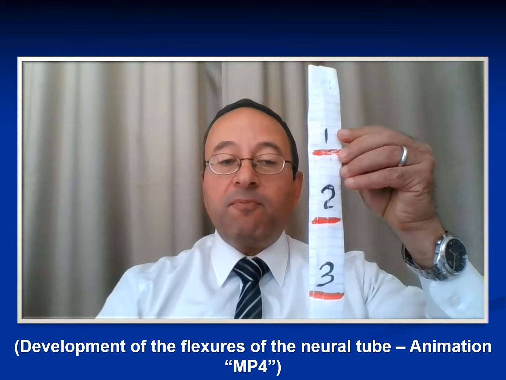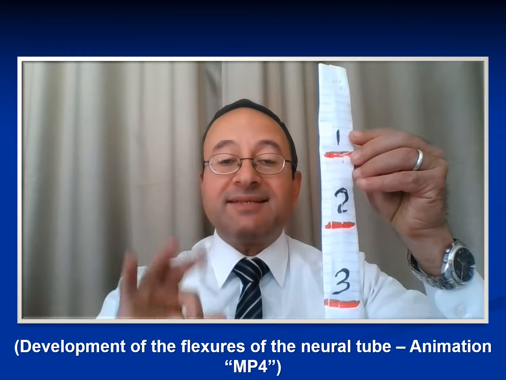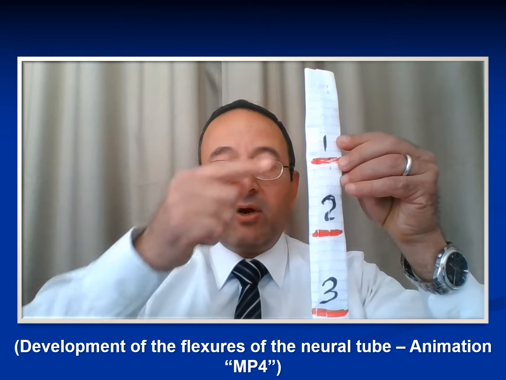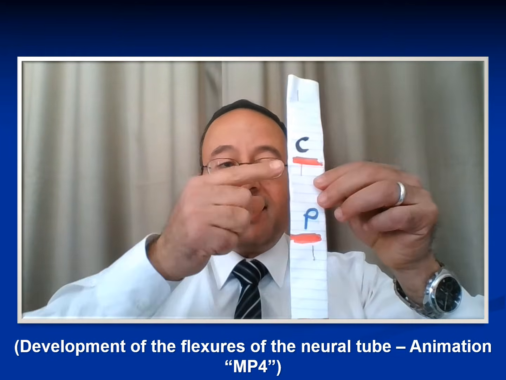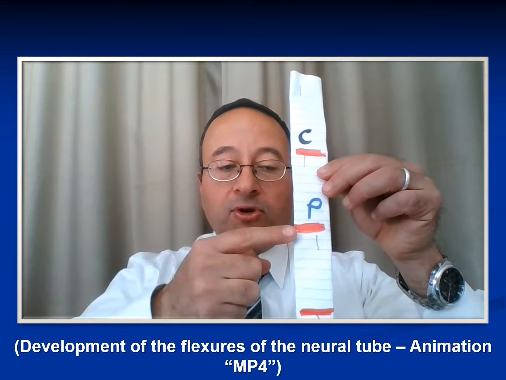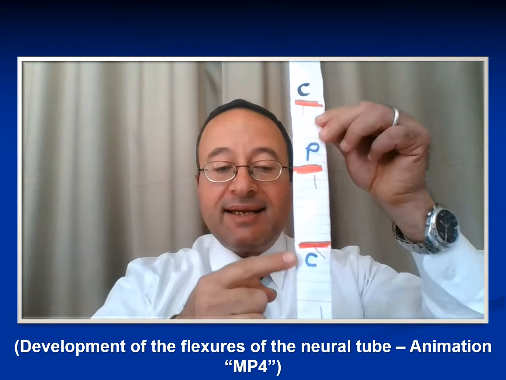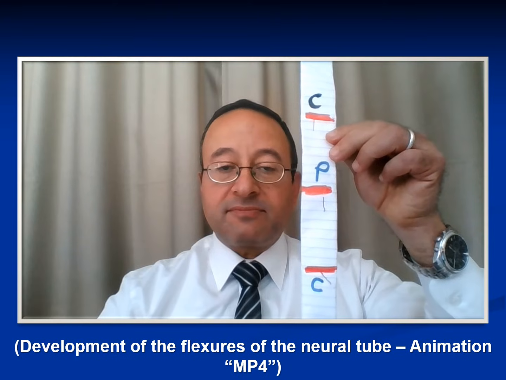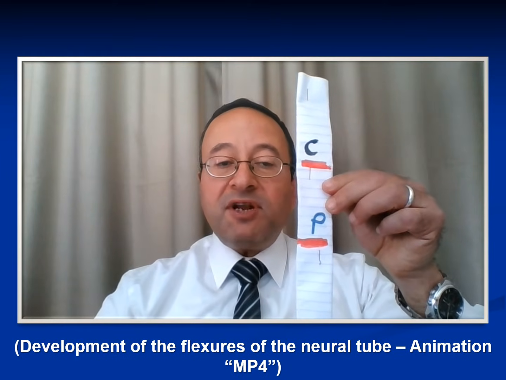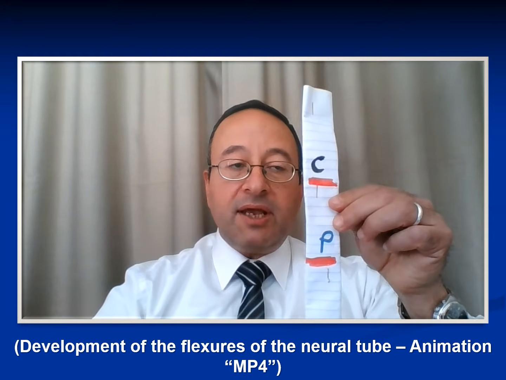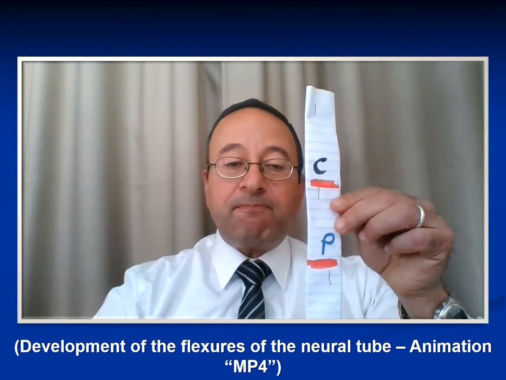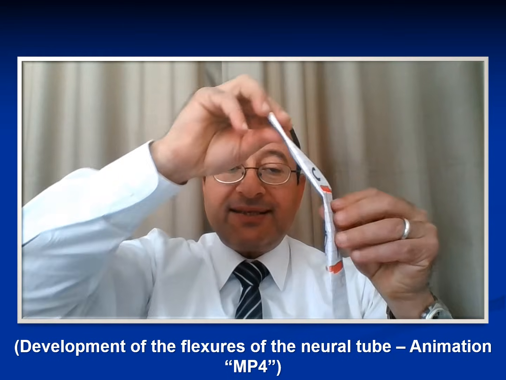This is followed by formation of 3 flexures. 1, 2, 3. They are the cephalic flexure, pontine flexure, and cervical flexure. The first flexure to appear is the cephalic flexure. It occurs in the region of the midbrain, so it will be like this.